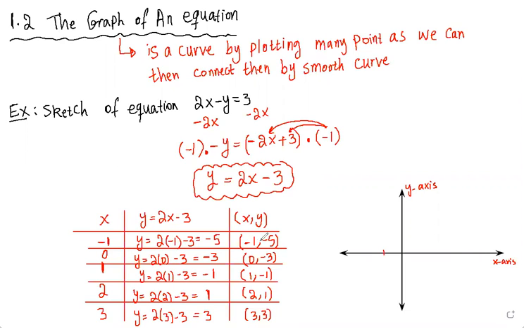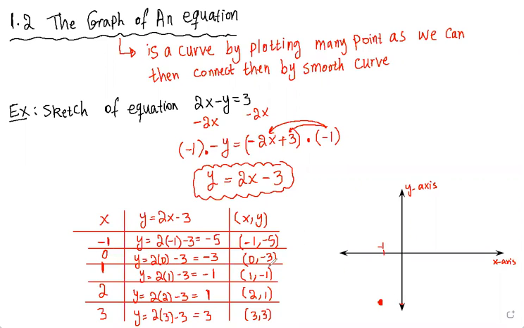So the point is -1 and -5. So this is -1. We go to the coordinate, it's -5. This is -5 here. So the first point would be here. This is -1 and -5.